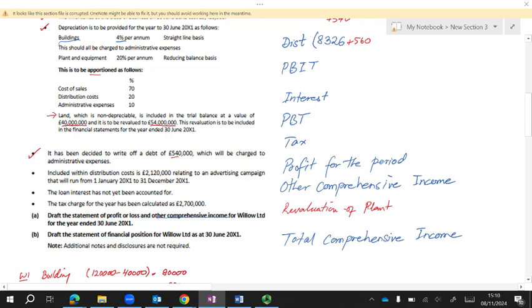That means 6 months have passed, January to 30th of June, and the remaining 6 months are still falling in the next academic year. That means we have used half of it, and half of that is prepaid. So we'll take 2120 divided by 2, which is 1060.